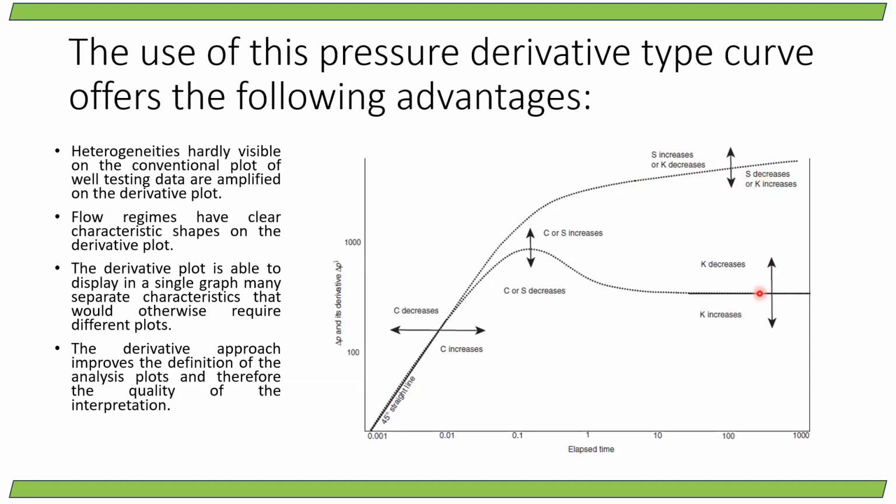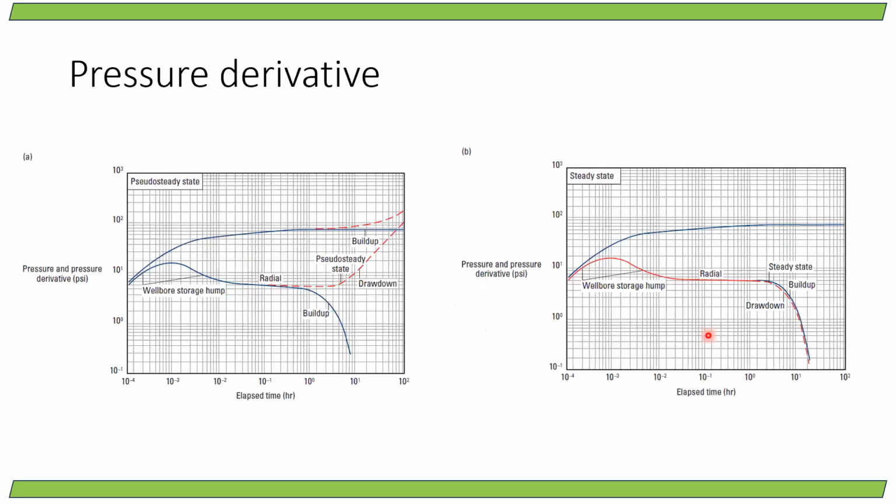This is for the pressure build-up test, but this is the pressure derivative function. Here we have seen the hump. Next to that, if the continuation slope is going downside, then permeability is increasing. If it is topside, permeability is reducing. Not only that, we will be getting even more information, like pseudo steady state flow.